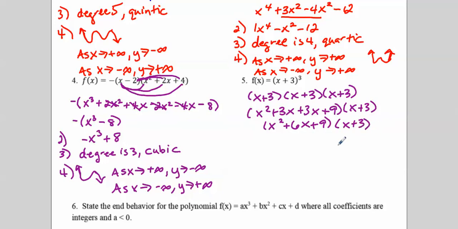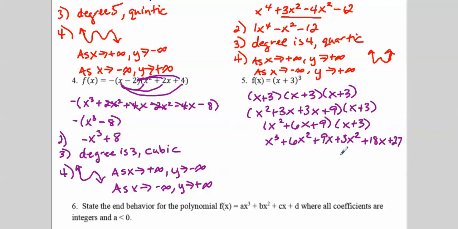Okay. Now I like to start at the binomial and distribute to the trinomial. So I have x times x squared, x times 6x, x times 9. 3 times x squared, 3 times 6x, and 3 times 9.